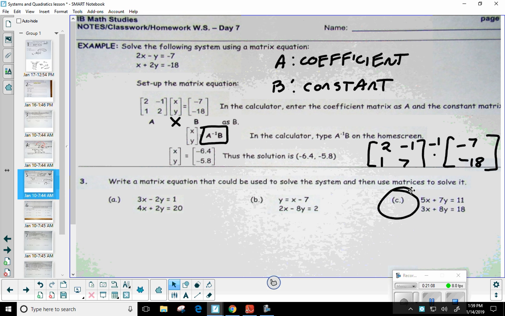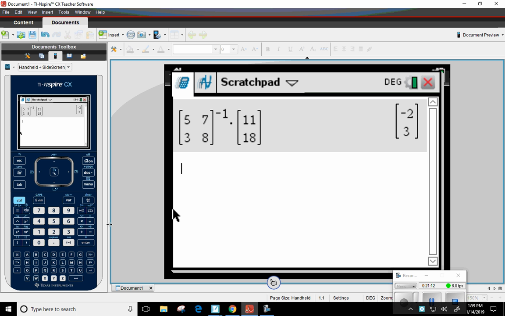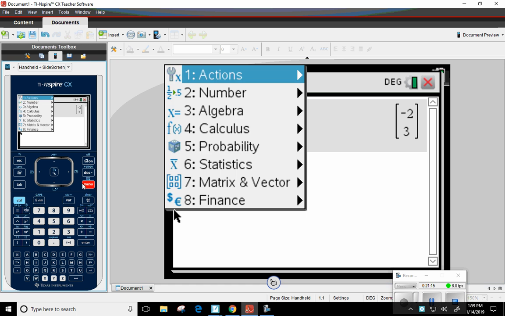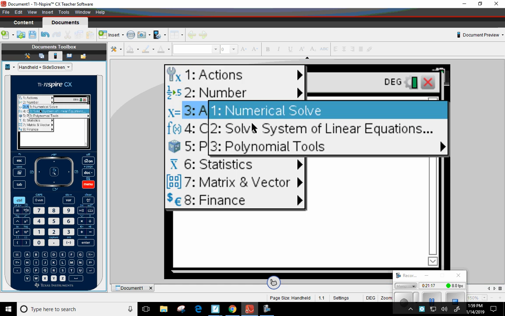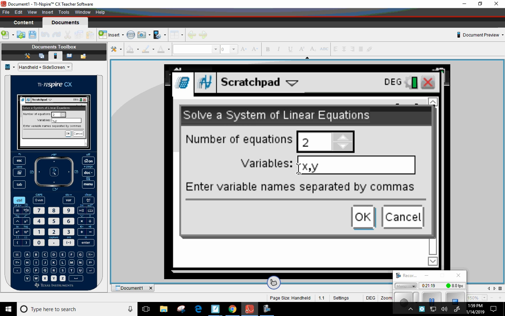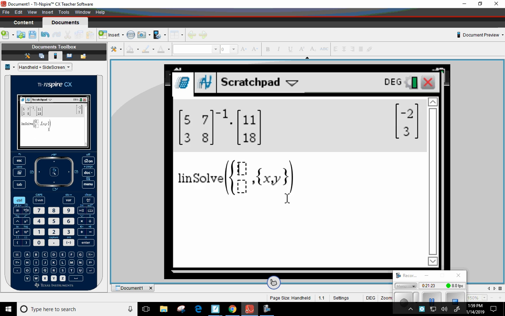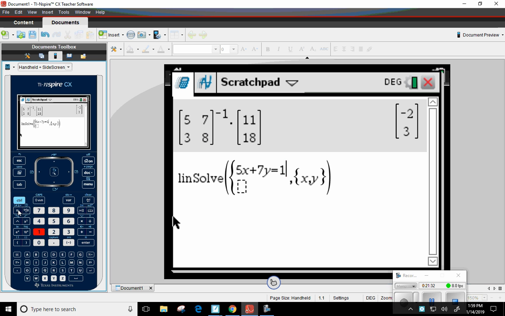So from my scratch pad, where did I go? Menu. Algebra. Solve systems. And here you go. You can change the size of the system if you want, but we have two equations, two unknowns, and we just type it in. 5x plus 7y, and the equals is right over here below your blue control button, 11.